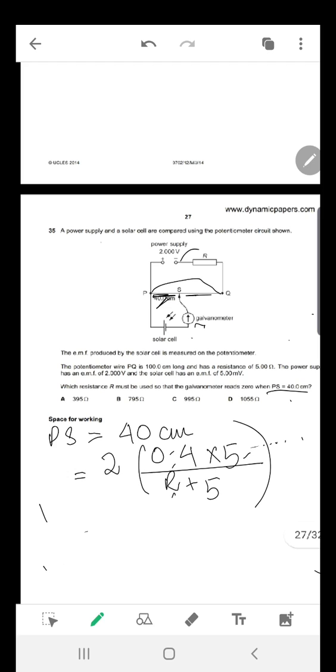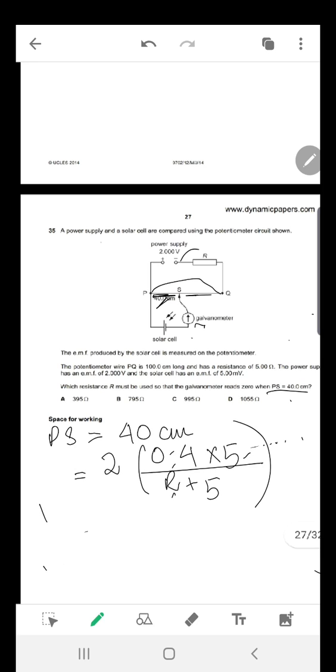But first you should know that a galvanometer is a very sensitive ammeter and it detects the electric current. So for the galvanometer to read 0, the EMF of the solar cell must be equal to the potential difference given above.